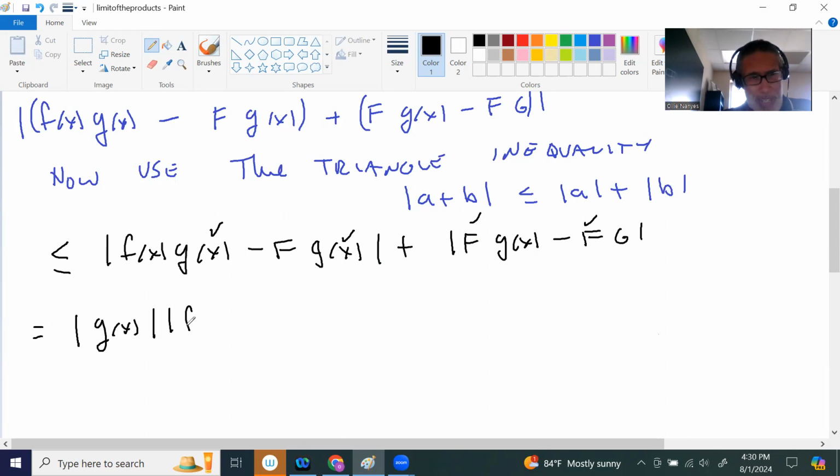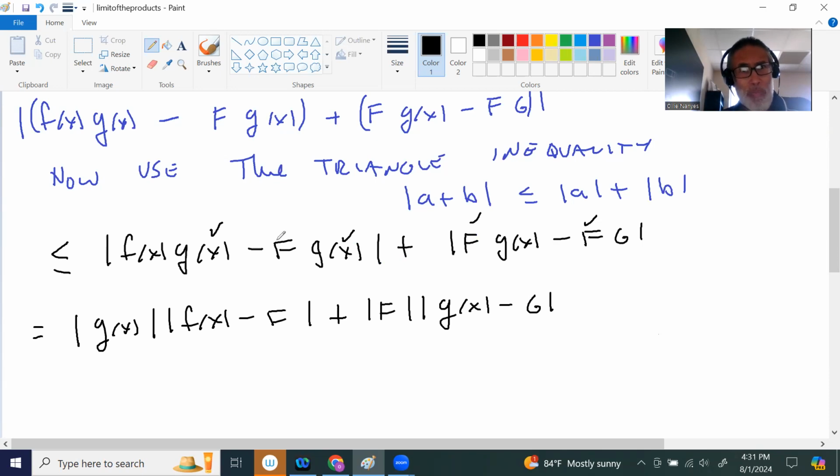And notice now we have f of x minus big F, plus, let's factor the big F out. And then we have little g minus big G. Okay? So this quantity here is less than or equal to this.